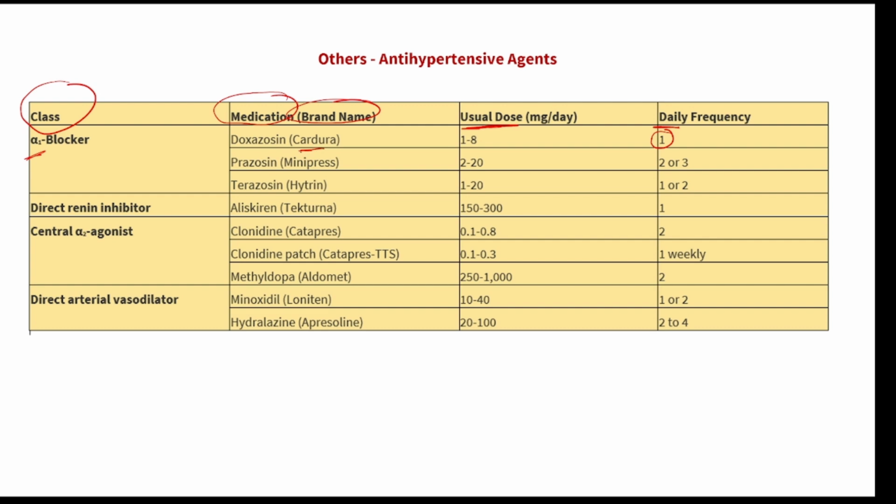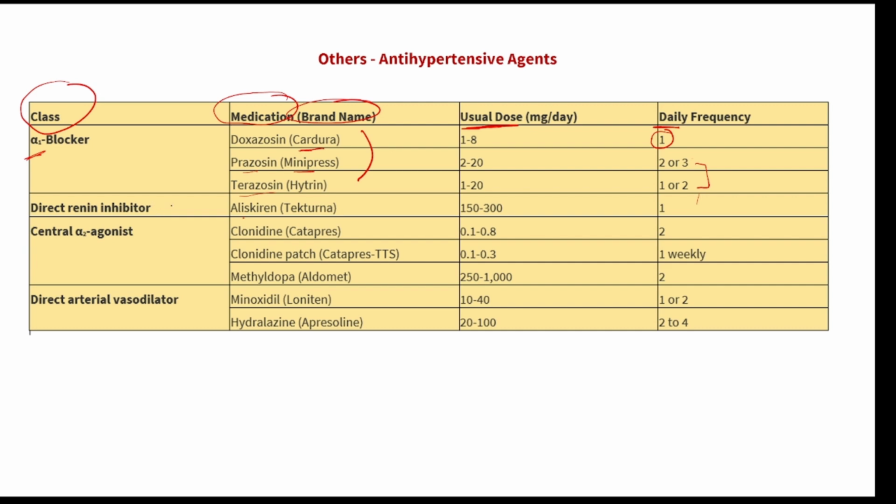Doxazosin, brand name Cardura, prazosin, Minipress. The doses you will learn during your practice. So for alpha 1 blocker, we have 3 medications: doxazosin, prazosin, terazosin. The second and third are given 2 to 3 times daily, but doxazosin is once per day.